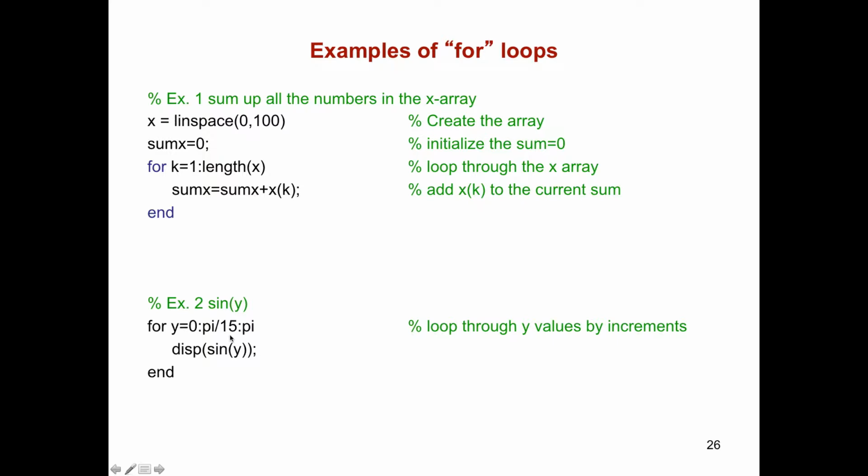Similar things to this, how many times you want to repeat, it just has to be a defined vector, a defined array ahead of time. It doesn't have to be 1, 2, 3, 4 or anything like that. It could actually have real elements. So I could have for y is equal to 0 and step by pi over 15 all the way to pi, okay?